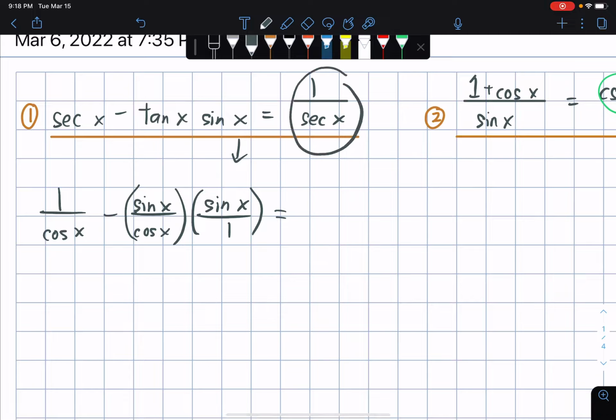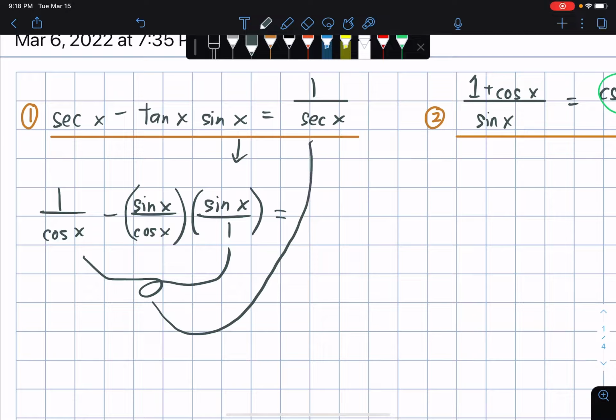The objective upon simplifying this expression is that we're supposed to verify if the equation is true. We have to verify if simplifying this would get the same answer as what we have on the other side of the equation.